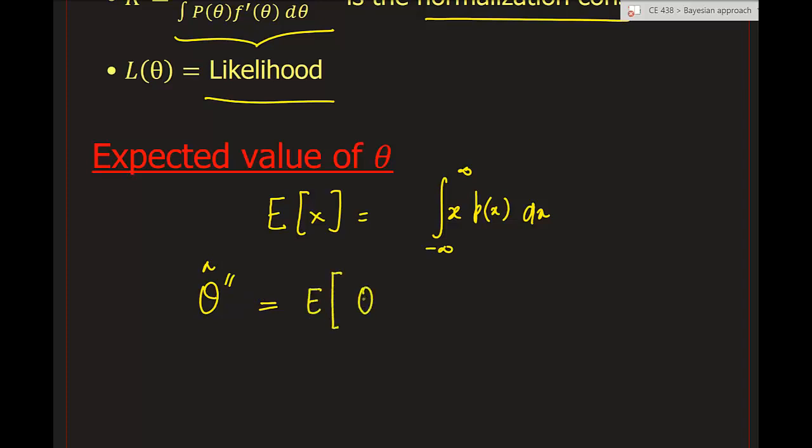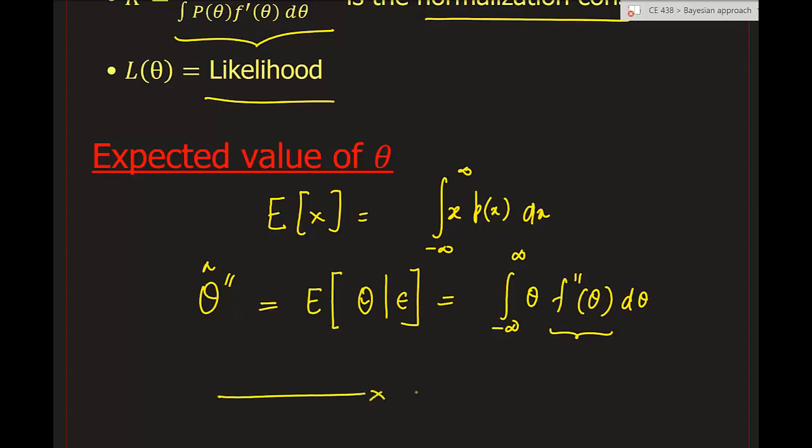The expectation of theta given the measurement points epsilon equals the integral from minus infinity to infinity of theta times f'' of theta d theta. So if I know f'' of theta, then I can multiply by theta, and this will give me the expected value, basically the posterior parameter theta. So in the next class, we will discuss one example to illustrate all this for a continuous distribution. So we can stop here. Thank you.